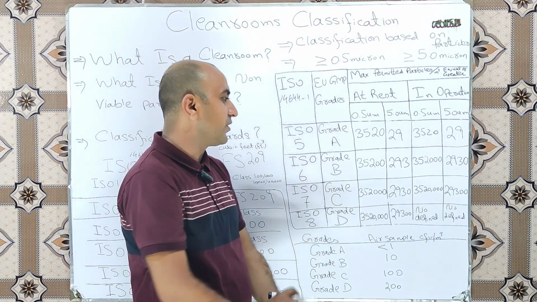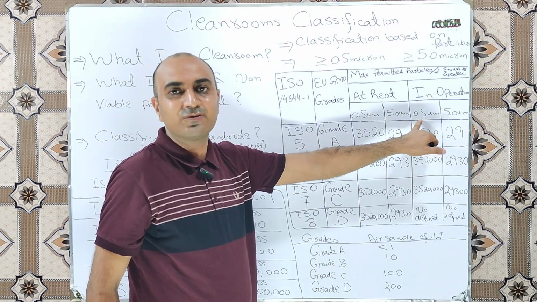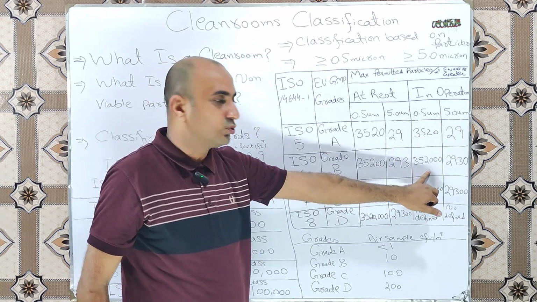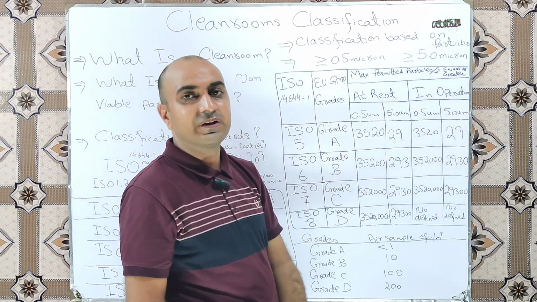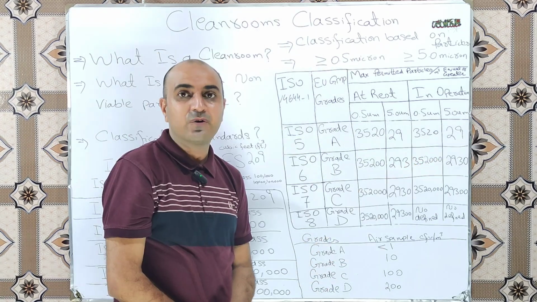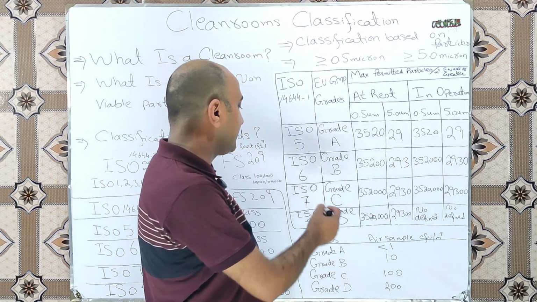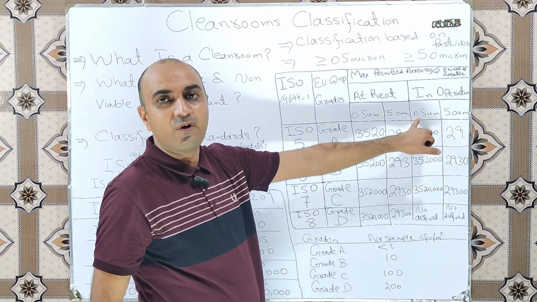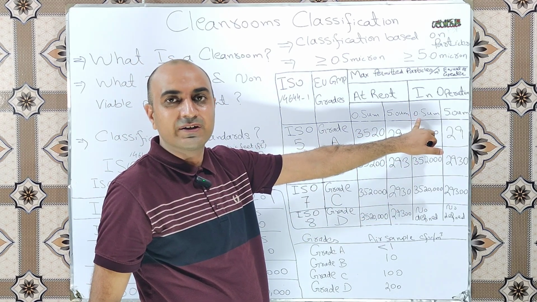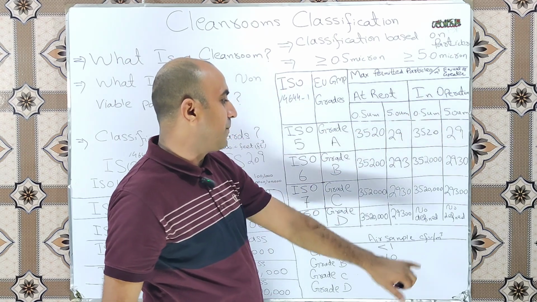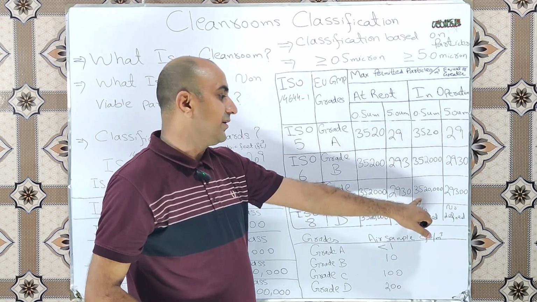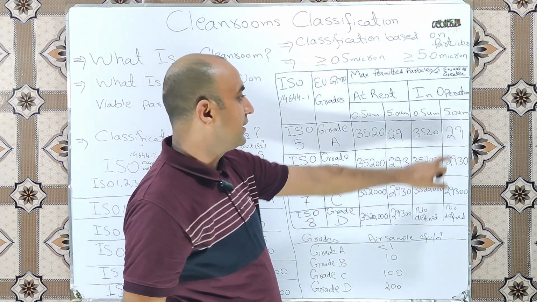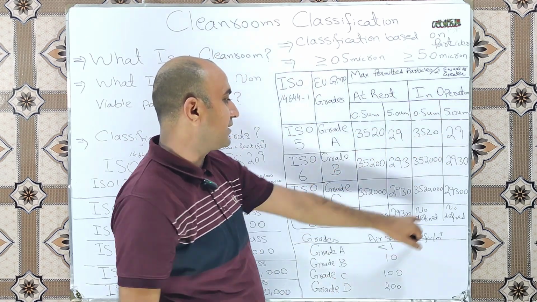For ISO 6 or grade B, particles equal to or greater than 0.5 micron are 352,000 and equal to or greater than 5 micron are 2,930. For ISO 7 or grade C, particles equal to or greater than 0.5 micron in operation are 3,520,000, and particles equal to or greater than 5 micron are 29,300.